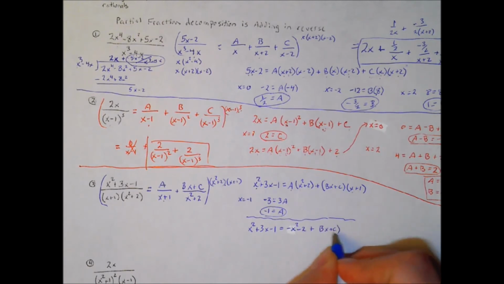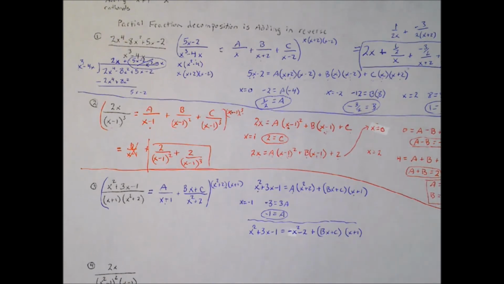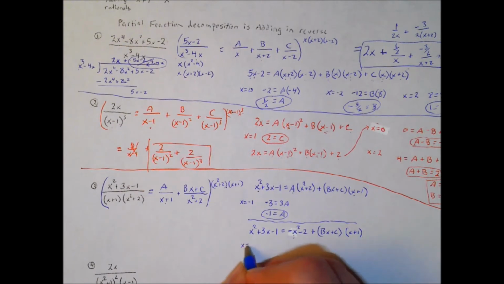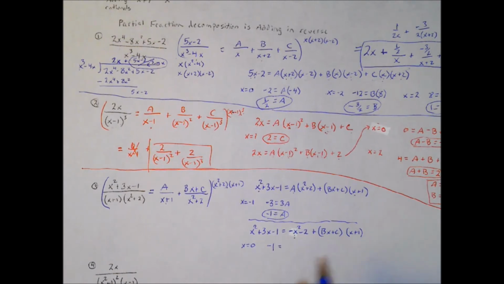Okay, so what's going to make this term a 0? If I get rid of this term here, let's say that x is going to equal 0. So if I plug a 0 in here, I'll have negative 1. A 0 here gets rid of that. So I have negative 2.